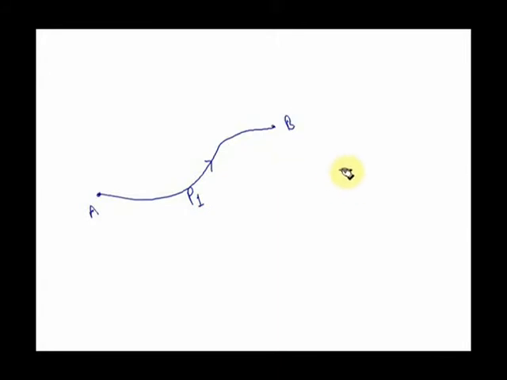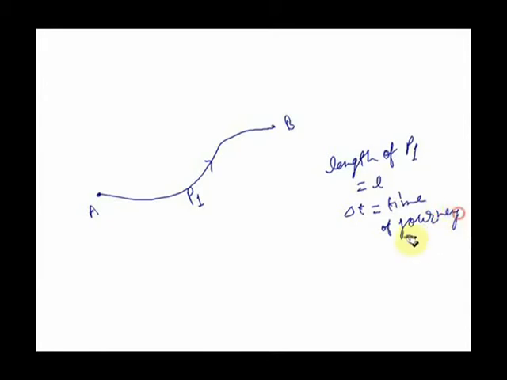Now suppose the length of this path is L, and the particle takes delta t time to reach B from point A. So delta t is time of journey. Now in this case, the average speed would be length of the path P1 by total time of journey, that is L by delta t.